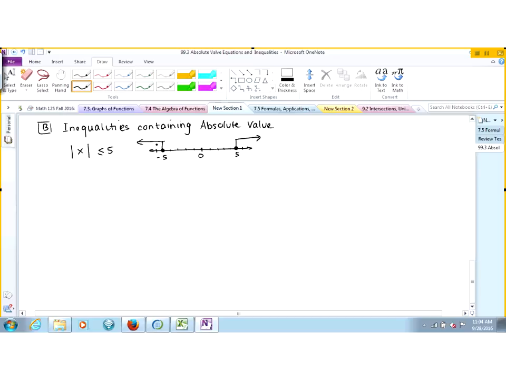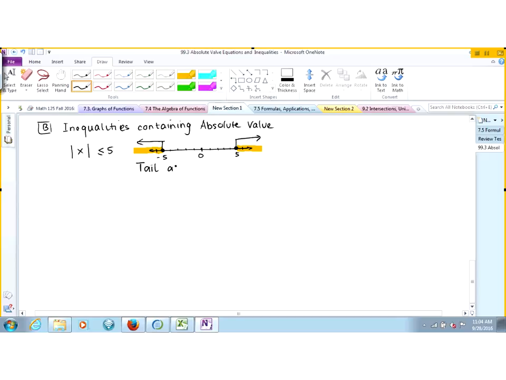So this part. Whatever points are here, these points and these points have distance greater than or equal to 5 from 0, because negative 6, negative 7, negative 8 all have distance greater than 5 from 0. Look at these. These are called the tail area.